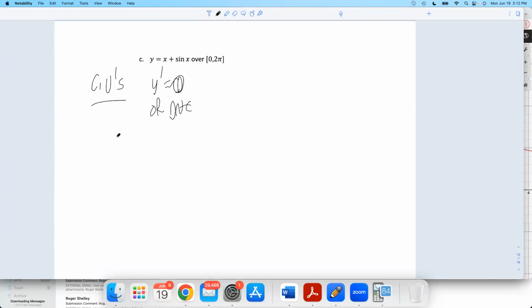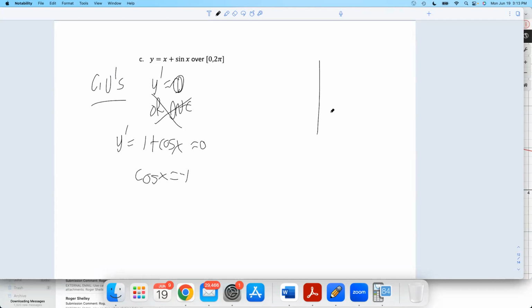Okay, so what do we got here? Take the derivative, we're going to get 1 plus cosine of x. That always exists, so that's not going to happen. Where does this equal 0? Where does cosine of x equal -1?